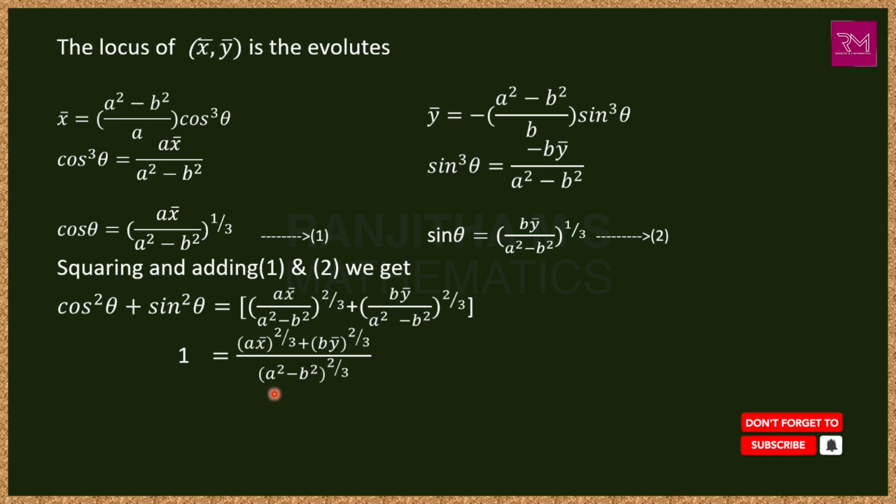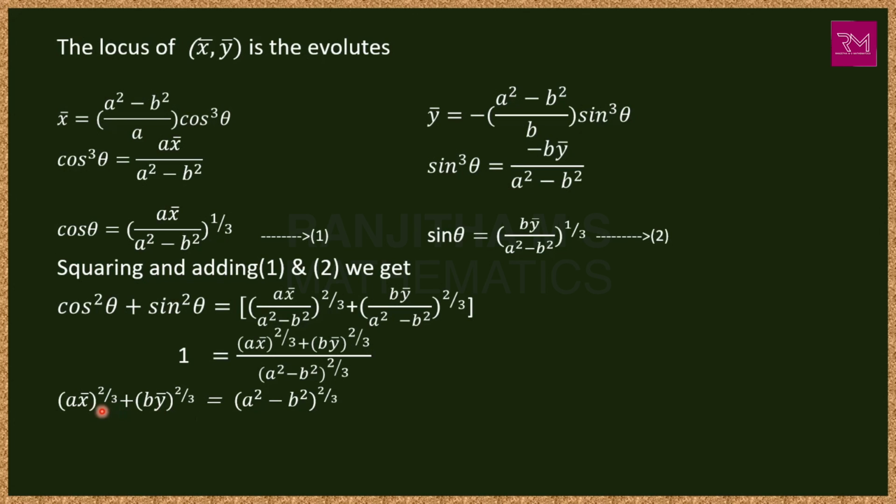We can take the common factor (a² − b²)^(2/3) in the denominator and write it as [(ax̄)^(2/3) + (bȳ)^(2/3)] divided by (a² − b²)^(2/3). Now take (a² − b²)^(2/3) to the right hand side and simplify. We get the required equation (ax̄)^(2/3) + (bȳ)^(2/3) = (a² − b²)^(2/3).